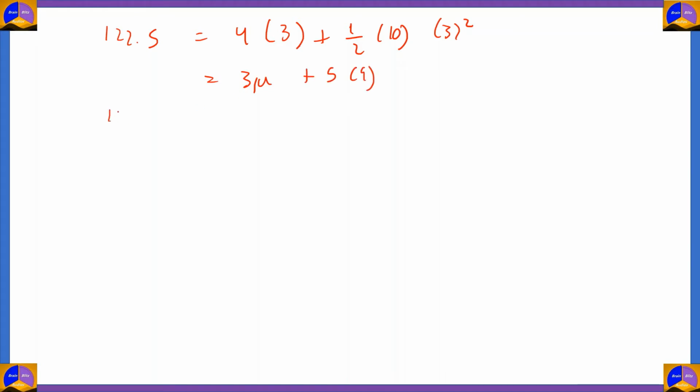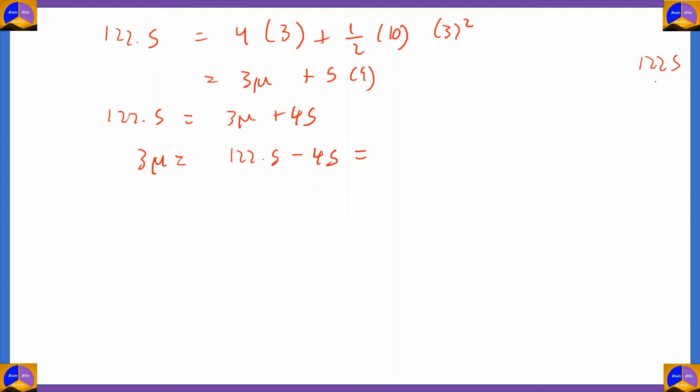So now h is 122.5, equal to u into the time, which is 3, plus half into 10 into 3 squared. Therefore we have 3u plus 5 into 9. So 122.5 is equal to 3u plus 45. 3u is equal to 122.5 minus 45.